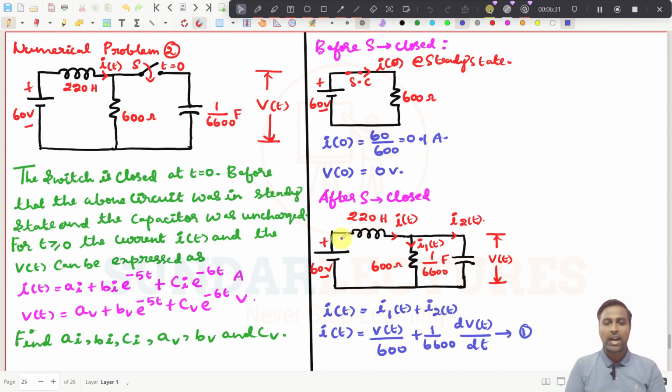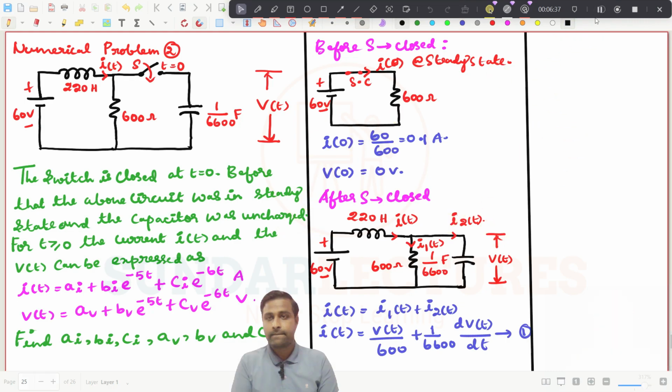And if I want to write the KVL expression for this loop, I will just write it down. By KVL, I am starting from this point and I will go in this way. It is from minus to plus I am going, so it will be 60 minus, see, what is the voltage across the inductor?